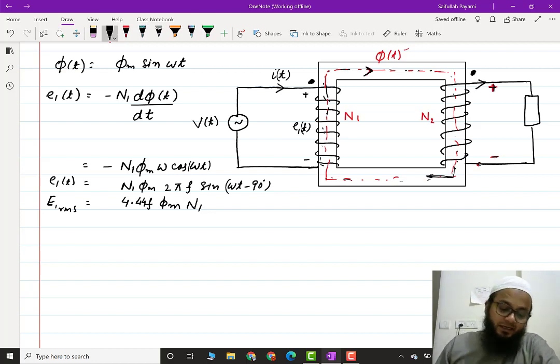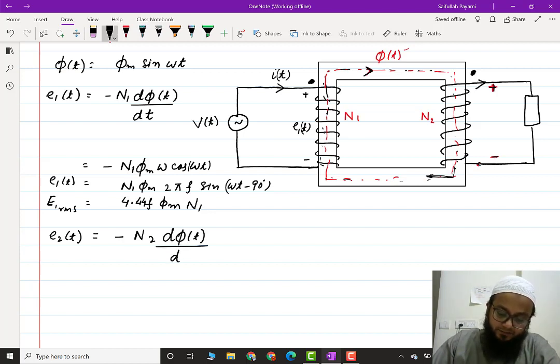What would be the induced EMF in E2? E2(t) is also experiencing the same change in flux, but the number of turns is different. So it would be N2 dφ(t)/dt. And E2 RMS would also be 4.44 f φm N2.